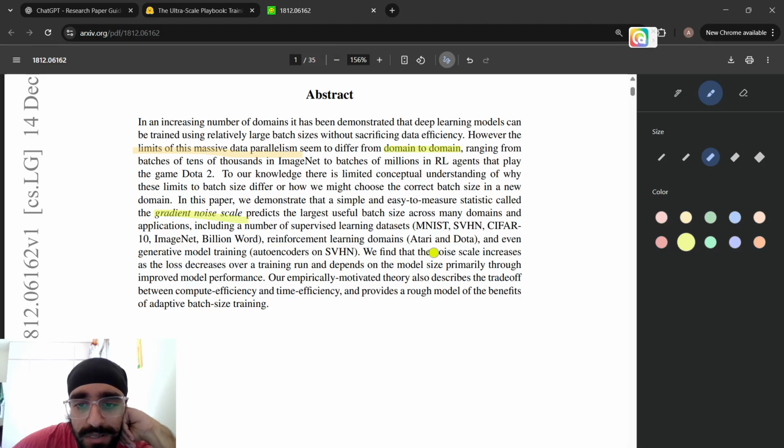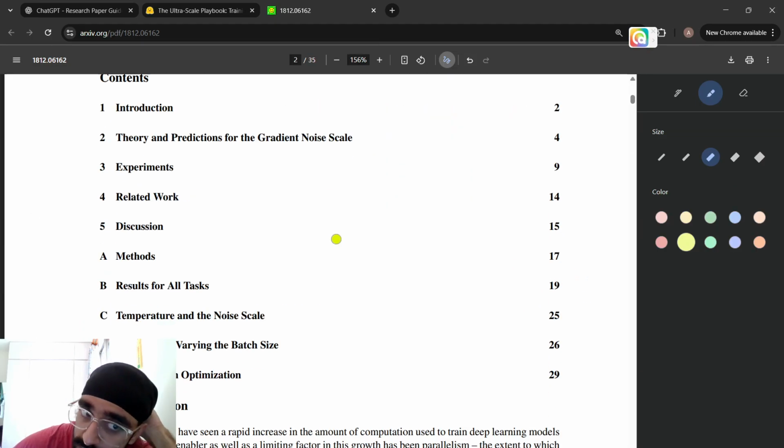Wait, noise scale increases as the loss decreases over a training run? It depends on the model size primarily through improved model compute efficiency. Okay, this is not very clear to me, what they mean.